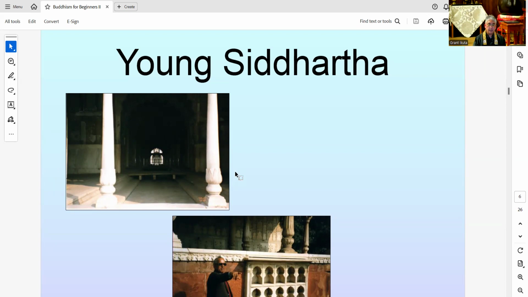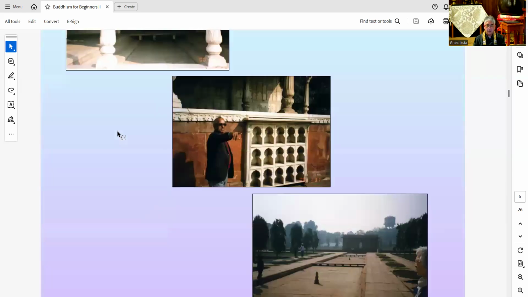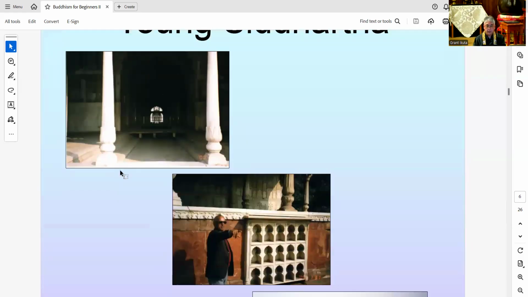And when we were there in 2000, this was not a palace that Siddhartha had been at, but I believe this was the Red Fort. There are still palaces remaining from around that time.